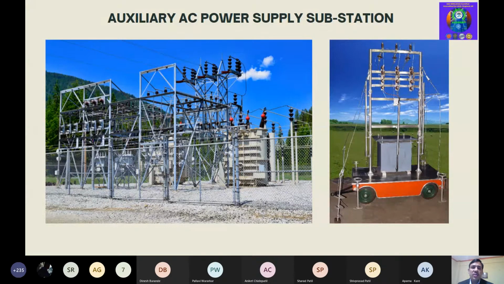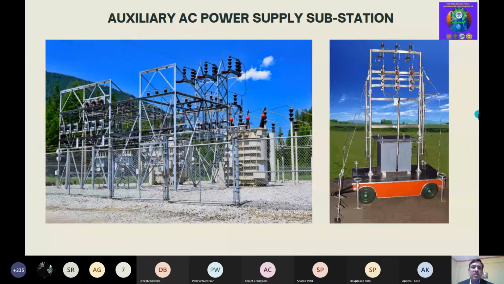For that you need AC supply. For motorized operation of the isolators, you need AC supply. For air conditioners to maintain the cooling in your substation for the healthiness of all the equipment, you need AC supply. So to maintain our EHV station, we want auxiliary supply, AC and DC.